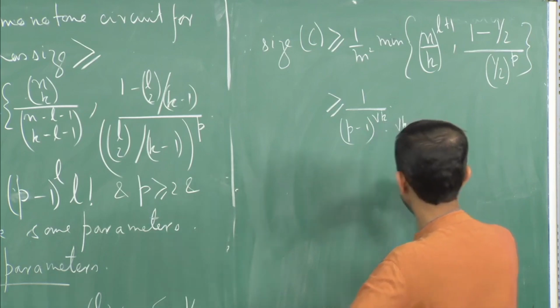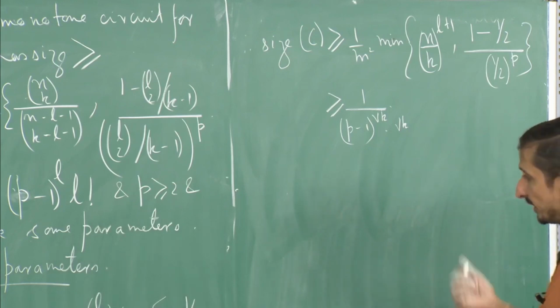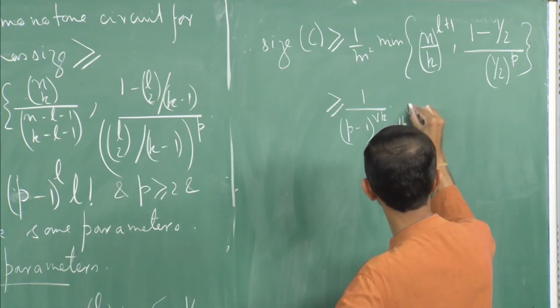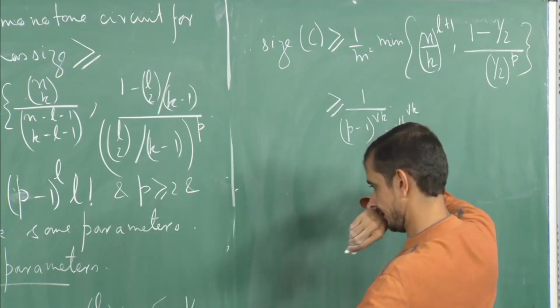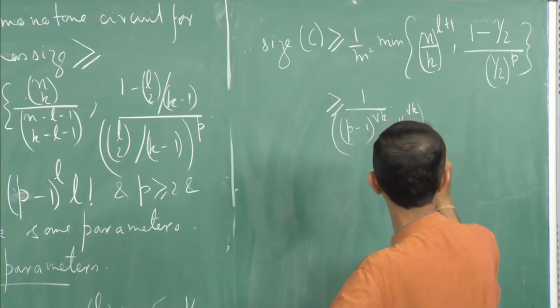root k factorial. So root k factorial is upper bounded by root k to the power root k. So I'll write it as root k raised to the power root k, okay, whole square.